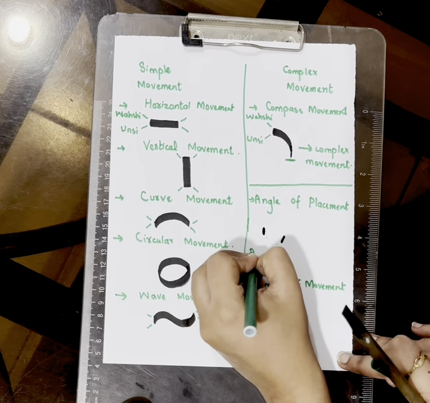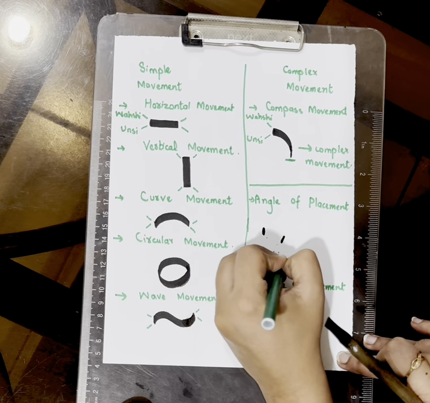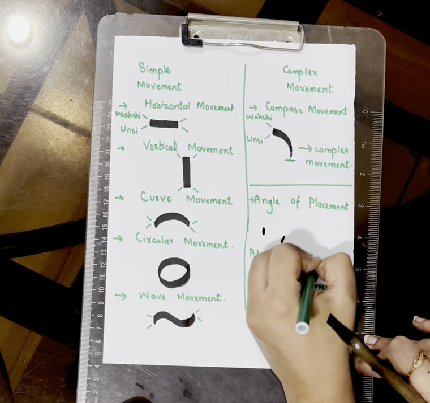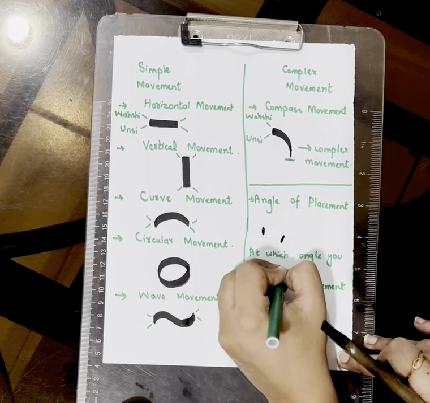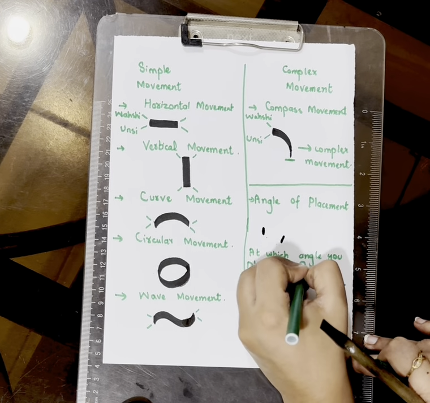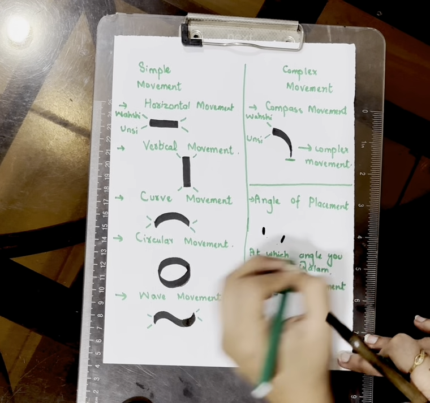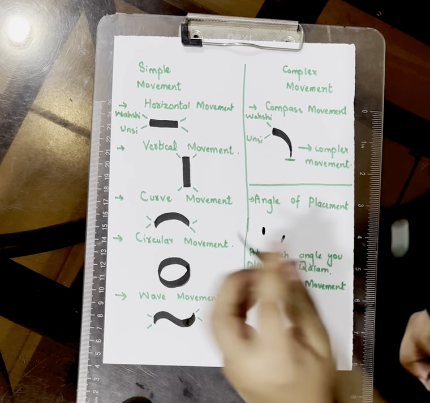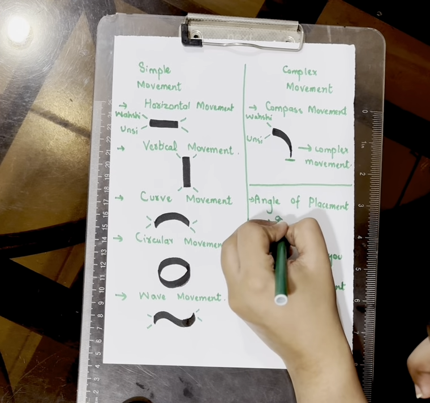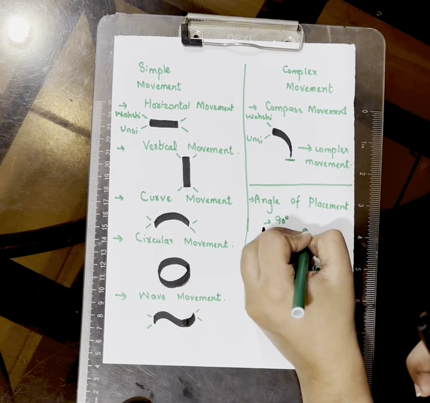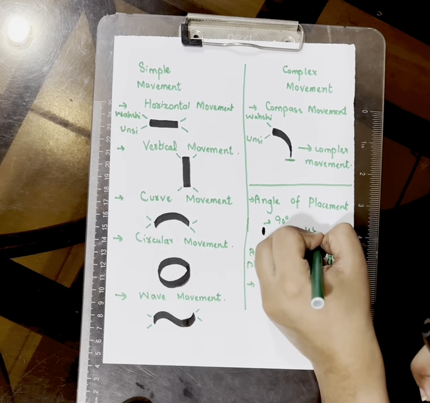At which angle you place your kalam. Its angle of placement is 90 degree and this angle of placement is 45 degree.